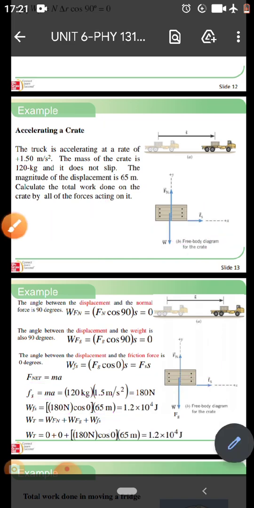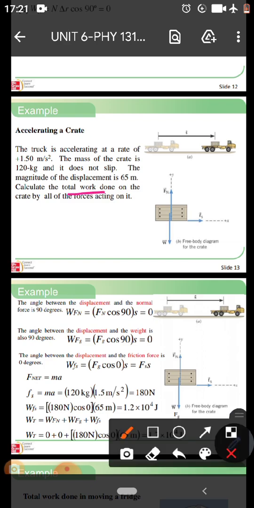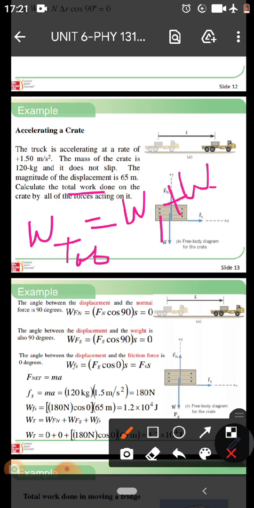Because we are required to find the total work done on the crate by all the forces, the total work would be the sum of all the work done on the system.